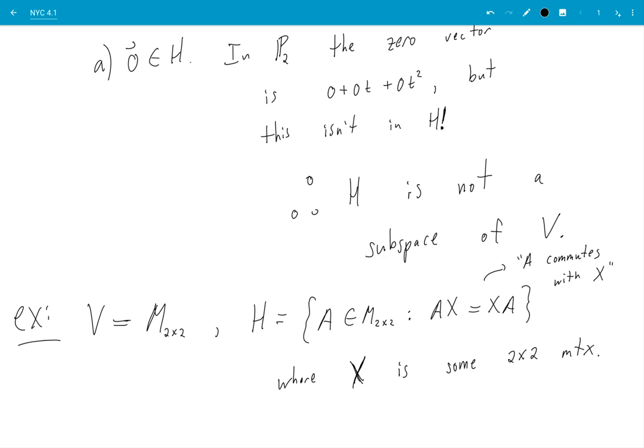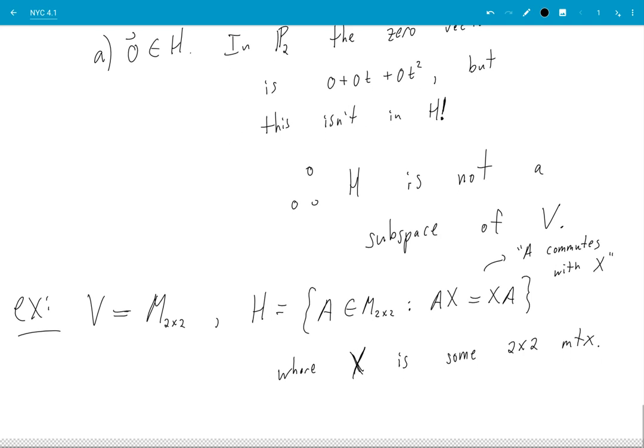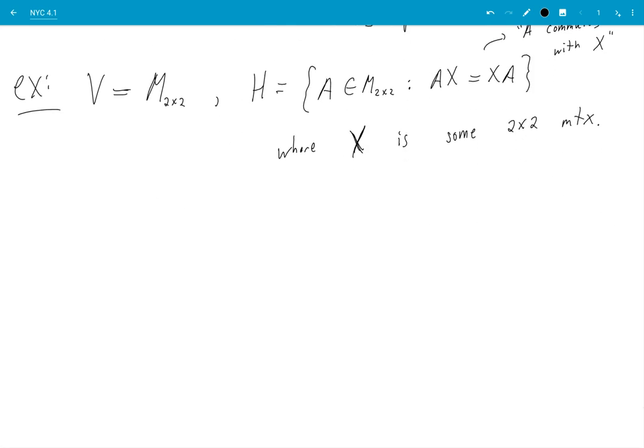As we've seen, that's not always true. But what we're saying is that H consists of those 2 by 2 matrices that actually commute with X. And we're going to see it doesn't matter what X is. We're just imagining it to be some fixed 2 by 2 matrix. Okay.